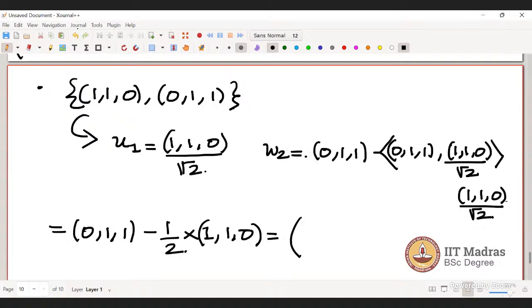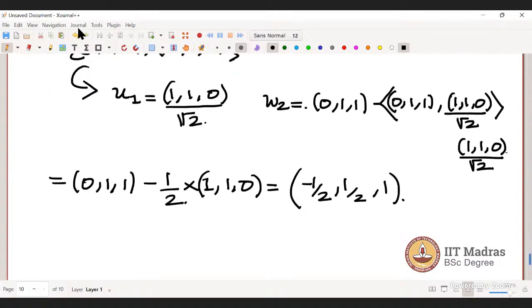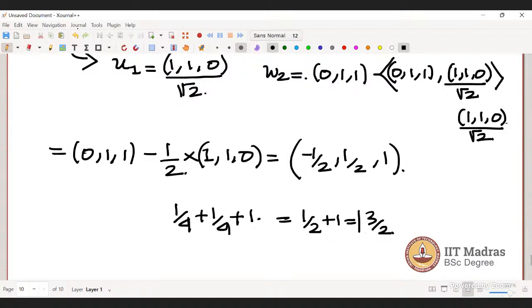This is (-1/2, 1/2, 1). Again, what will be the norm of this vector? 1/4 plus 1/4 plus 1, which is 6 by 4, half plus 1, that is 3 by 2. So I have to take the square root.